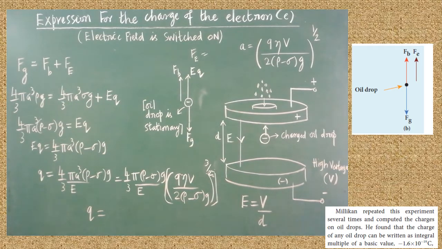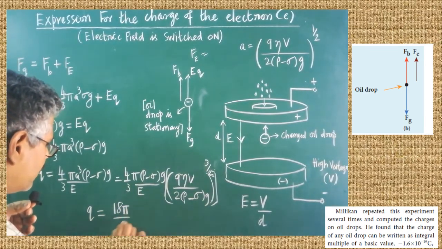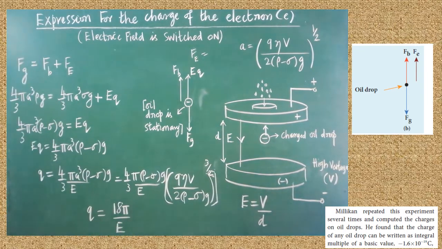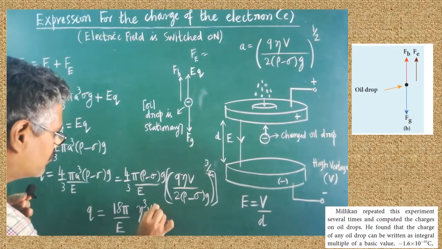So finally you will be getting 18 pi by square root of 2 E. So this one must be simplified: eta to the power of cube, v cube.